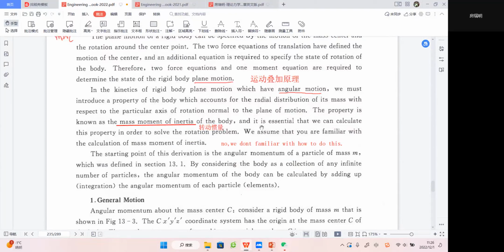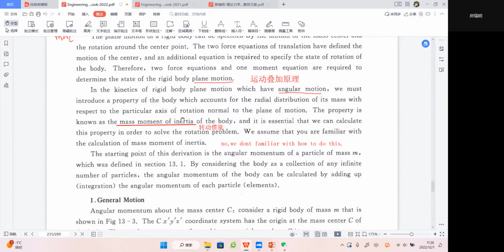You can think about the mass as determining a, because a equals F over m. Another very important property that we are going to introduce to you is the mass moment of inertia, which is a new concept for you.